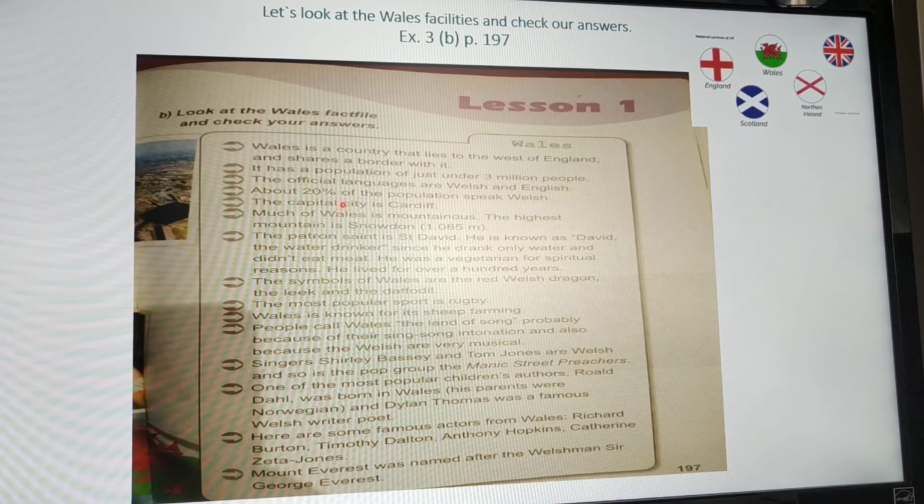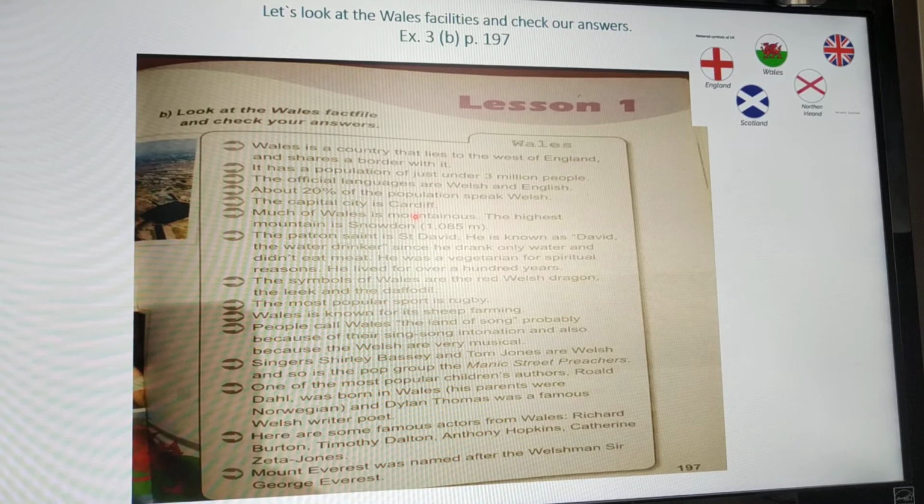About 20% of the population speak Welsh. The capital city is Cardiff. Much of Wales is mountainous. The highest mountain is Snowdon.